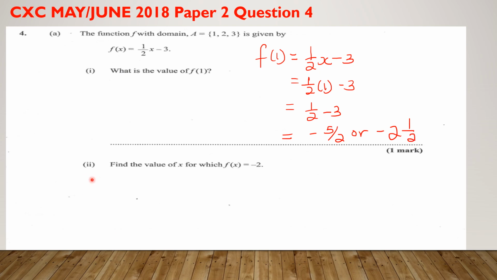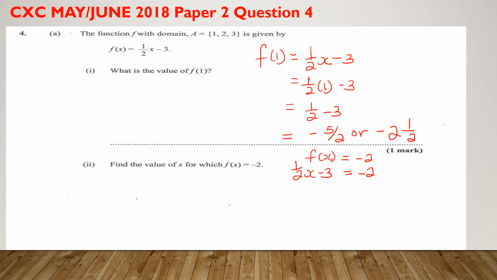Part 2. Find the value of x for which f of x is equal to negative 2. So f of x is a half x minus 3 and it equals negative 2. So they want you to solve. So we have an equation here.